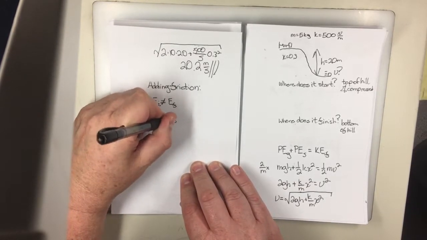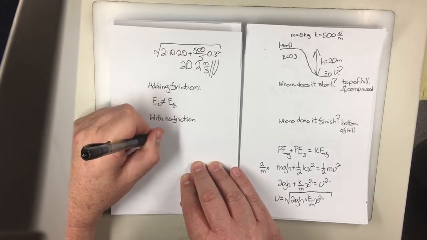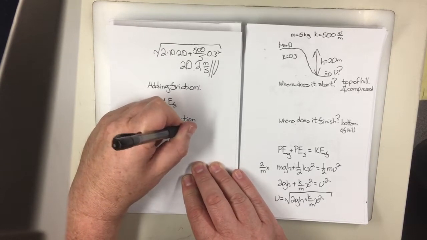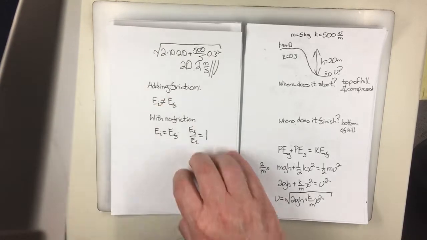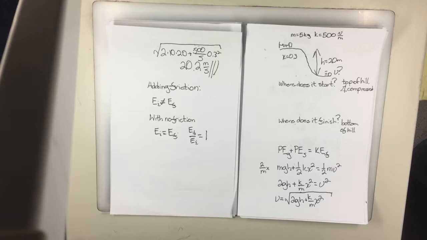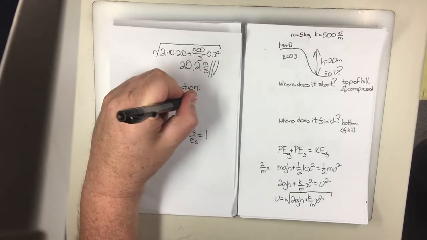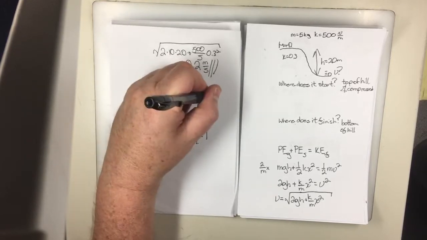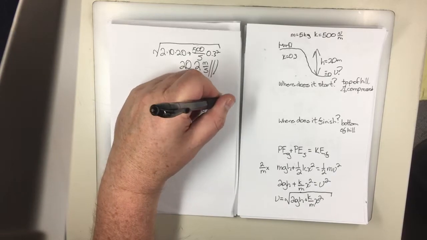With no friction, the energy initial is equal to the energy final. So you could say that energy final over energy initial is equal to 1. If there is friction in it, the energy final over energy initial should be less than 1, or energy initial over energy final should be greater than 1.